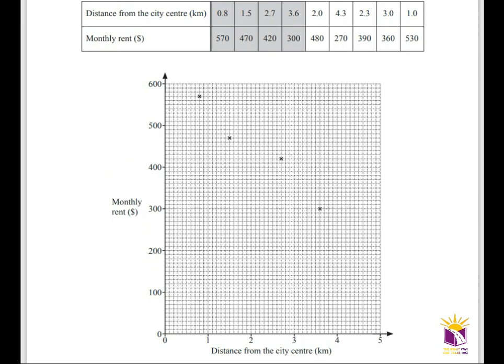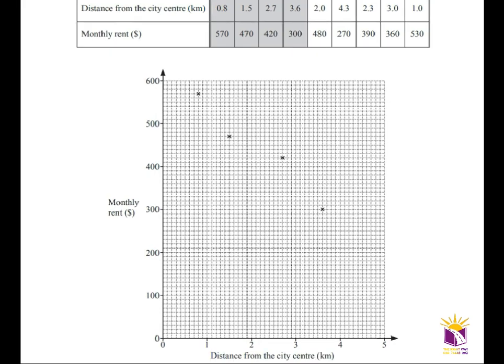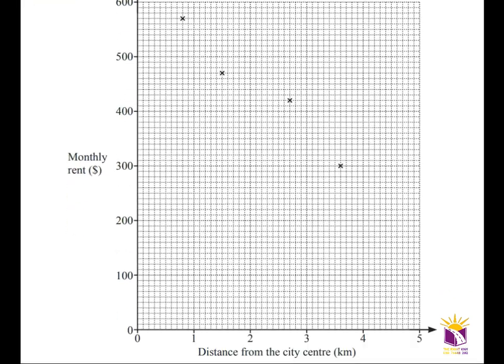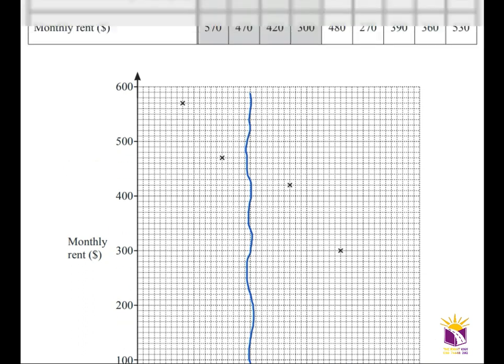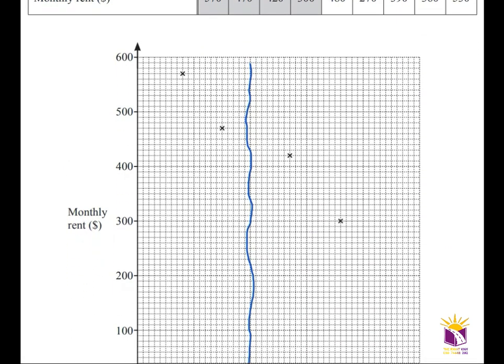2.0 means 2 and the rent is 480. So I am going to draw a line at 2, and the rent is 480. 480 will be over here.